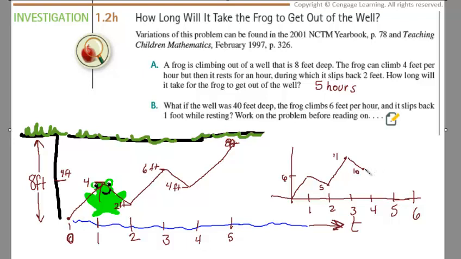Then he goes up 6 for the 5th hour, and so he's now at 16. And then he goes down 1 at the 6th hour, so that's 15. I did that too steep, but whatever. So then it goes up to 21.